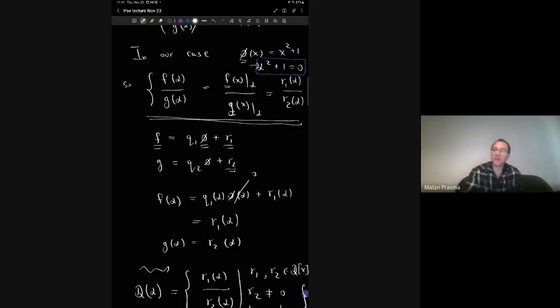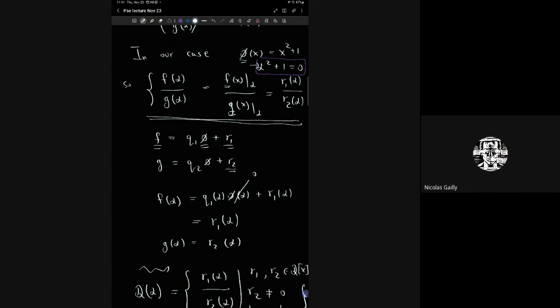Yes. So we can define any Q of alpha on any phi of x as long as the degree of phi of x is less than f or g. My question basically is, we wrote alpha squared plus 1 equals 0, but we could have very well written alpha squared plus 2 equals 0, alpha squared plus 3, and anything, right?